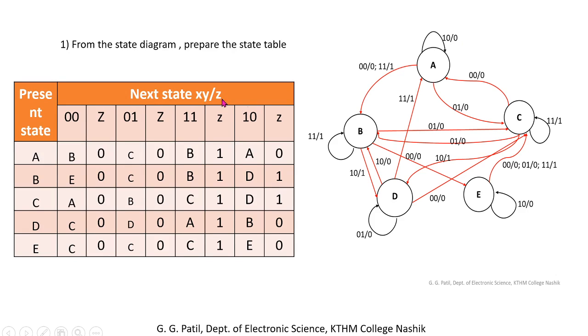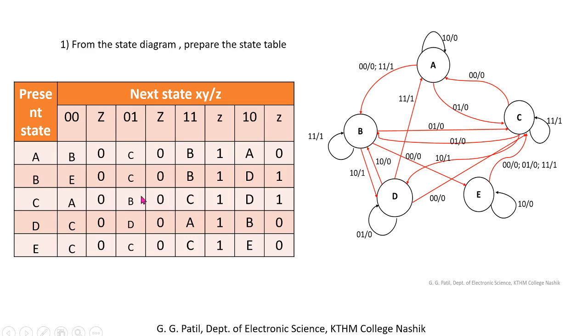So the next state and output is written in this way: the next state is under xy and the output is z, and the next state values have four combinations, 0 0, 0 1, 1 1 and 1 0, and there is always a z output with every next state condition. So the state table has to be prepared in this way: the first column is present state and the next is next state and z. There are two inputs, 0 0, 0 1, 1 0 and 1 1, and for every input condition there will be an output.